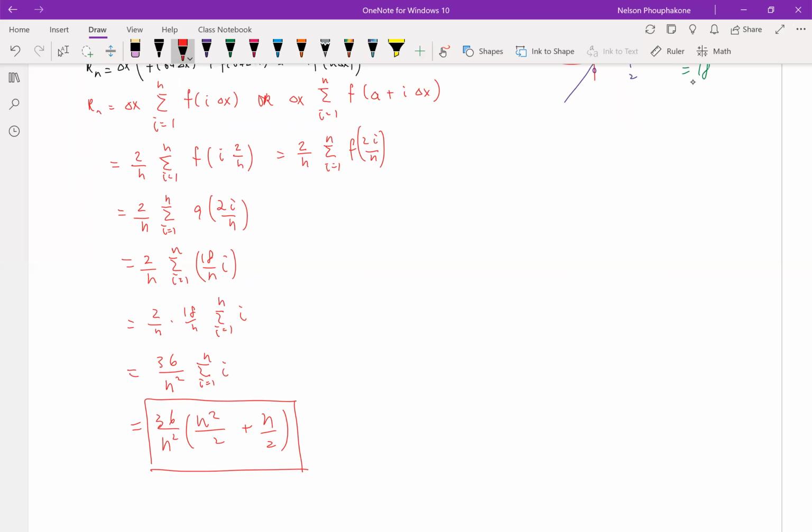Okay, and now we would like to find the area now. It will be the limit when n goes to infinity of R sub n, which is the limit as n goes to infinity of 36 over n squared times n squared over 2 plus n over 2.